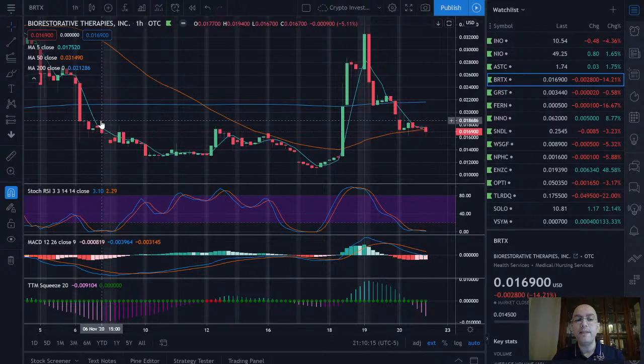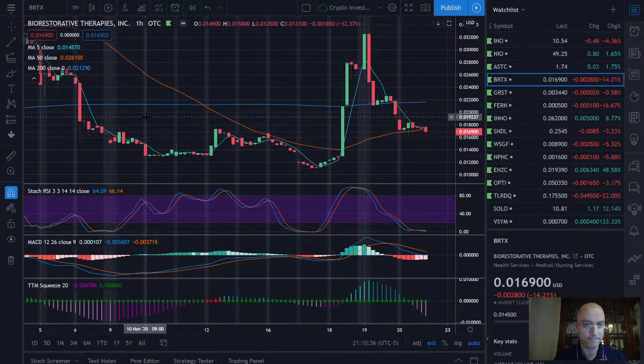And that's why the body is just right in the middle and the wicks are equal in size. And this is what we call a spinning top in Japanese. Again, the body is right at the center, and the top wick and the bottom wick are almost equal in size.